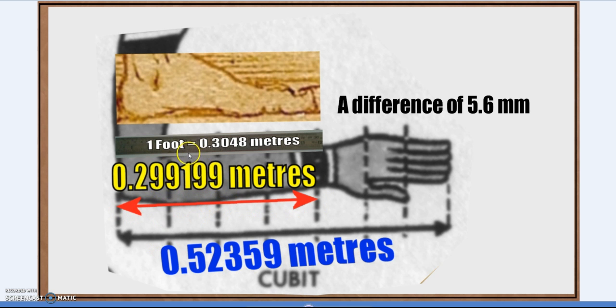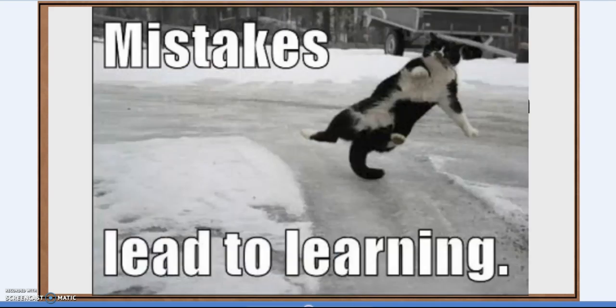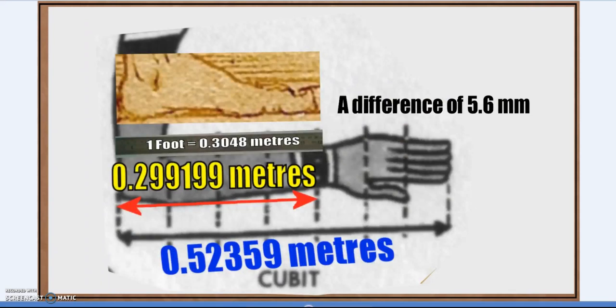One English foot, which again is an ancient system, is 0.3048 meters. That's a difference of 5.6 millimeters, a notable difference. However, once again, this error will actually link us to a very profound thing in regards to the meter, the second and the cubit. And we'll examine that further.